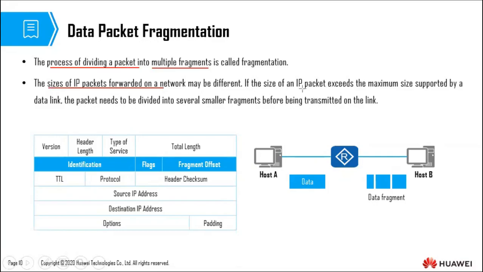If the size of an IP packet exceeds the maximum size supported by the data link, by that particular link that you're using to transmit the data, then the packet needs to be divided into several smaller fragments before being transmitted. To achieve that, these three fields, the identification field, the flags field, and fragment offset are used.